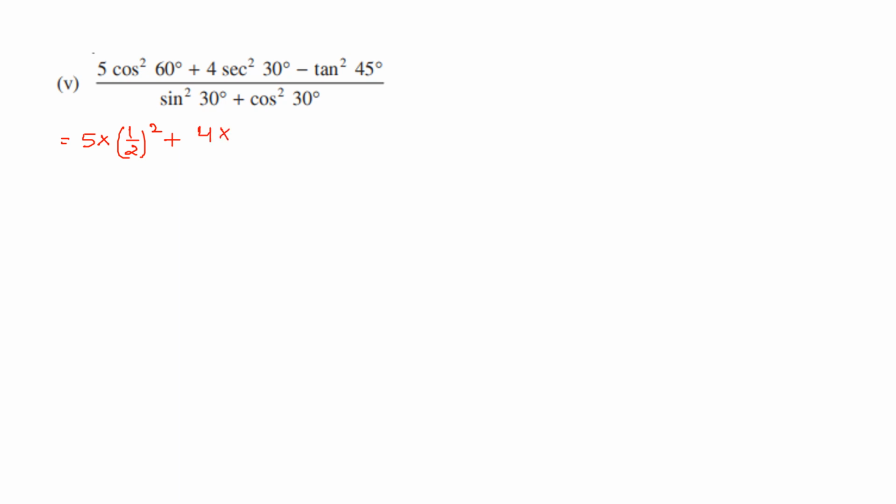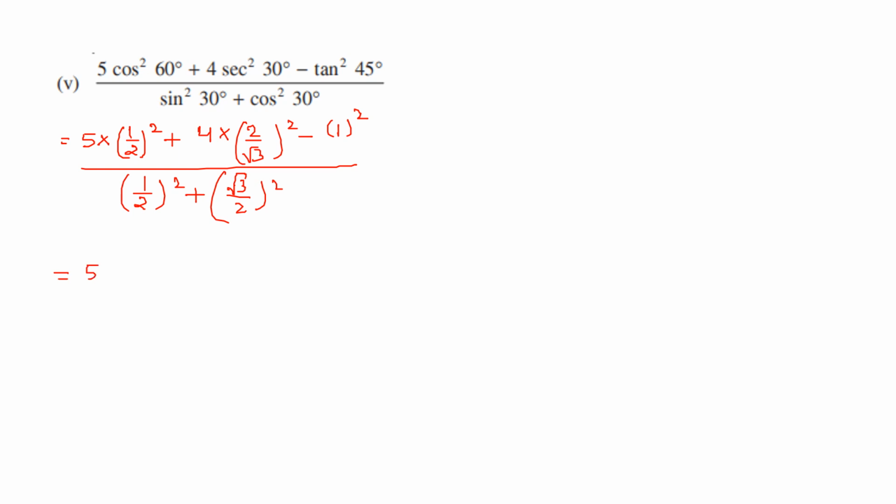Now sec square 30 degree. Sec 30 degree is 2 by root 3. So it is 2 by root 3 whole square minus tan 45 is 1, so 1 square, divided by sin 30 degree is 1 by 2. So 1 by 2 whole square plus cos 30 degree is root 3 by 2. So root 3 by 2 whole square.